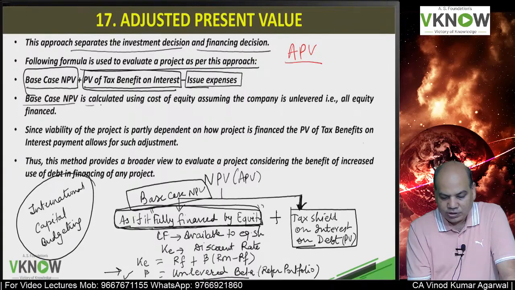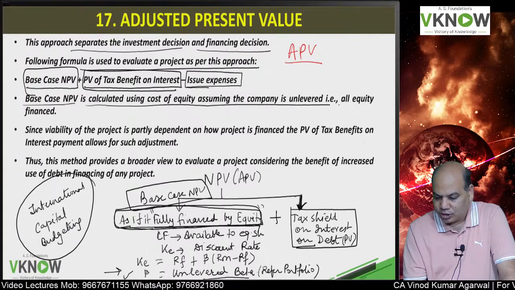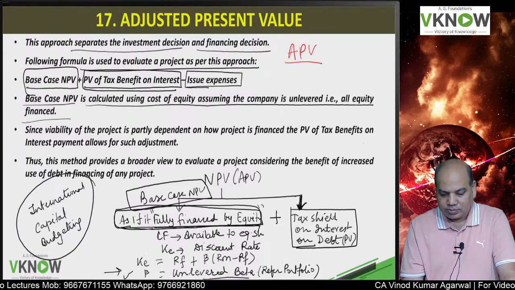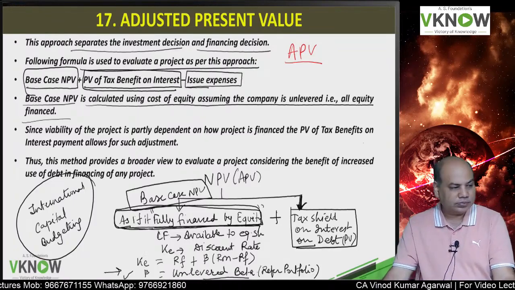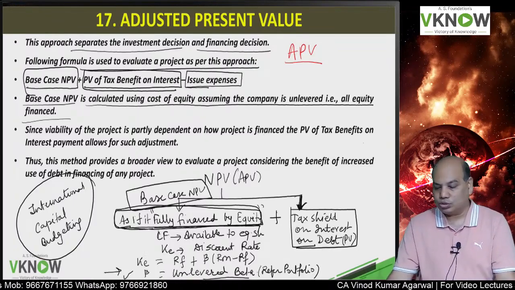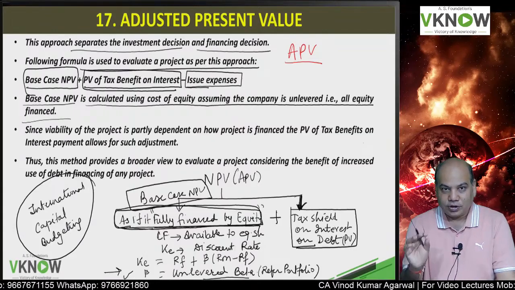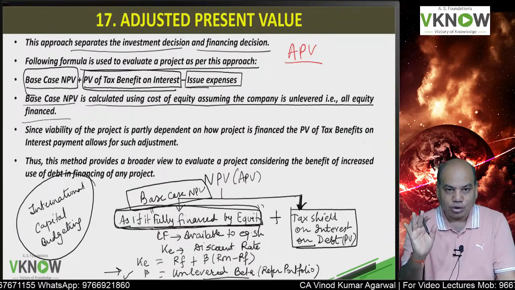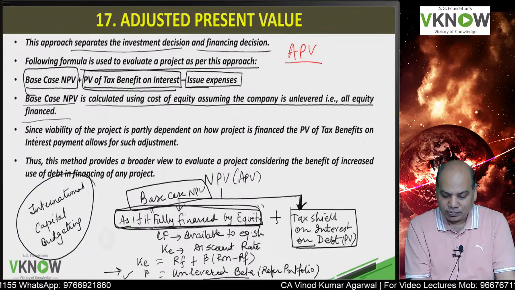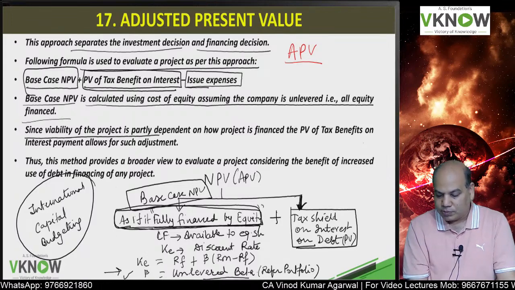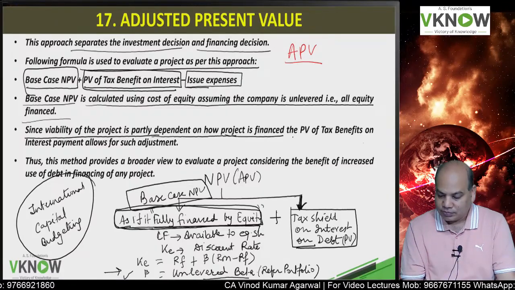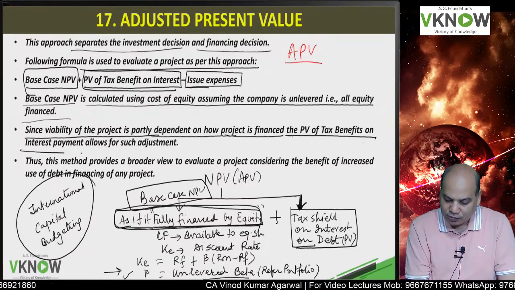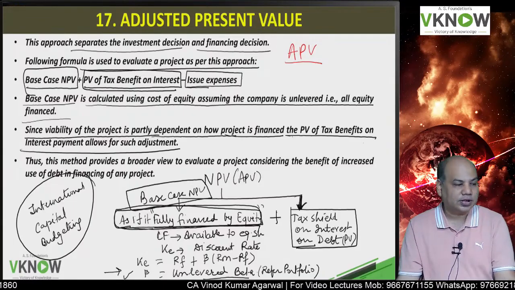Base case NPV is calculated using cost of equity, assuming that the company is an unlevered firm. An unlevered firm means no use of debt. Treat it for some time as if it is an all equity financed company, and since the viability of the project is partly dependent on how the project is financed, the PV of tax benefit on interest payment is also considered.